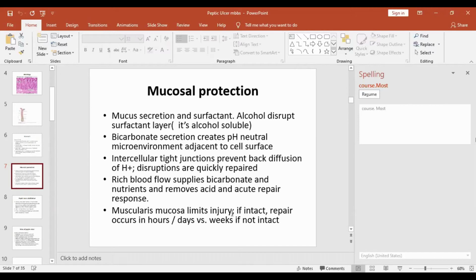If damage is above the muscularis mucosa, confined to the mucosa, it is repaired very quickly. So you should know the protective substances in the mucosa: mucus secretion, surfactant, bicarbonate, intercellular tight junctions, and rich blood flow.